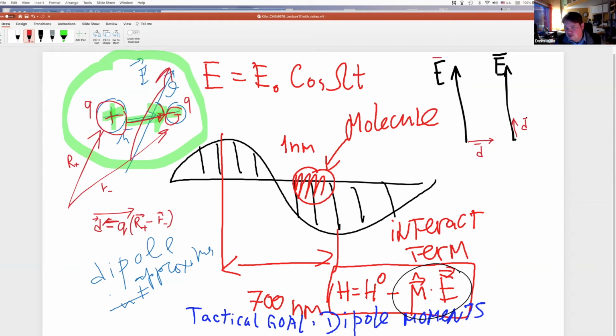The arrow of the dipole follows the electric field, which means we can call this parallel, and this we can call perpendicular. So the energy of perpendicular will be bigger than the energy of parallel.